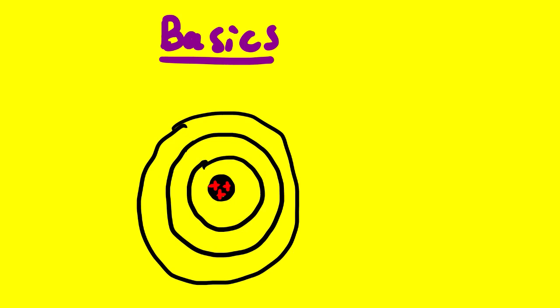Now, like I said, each and every element has its own atomic structure. The structure depends on the atomic number of the element. Now the question is, what is an atomic number?